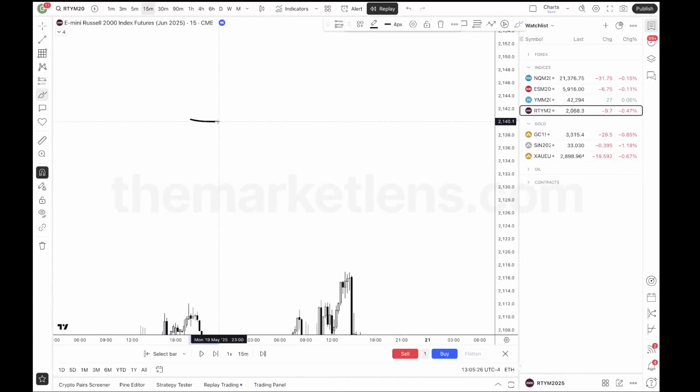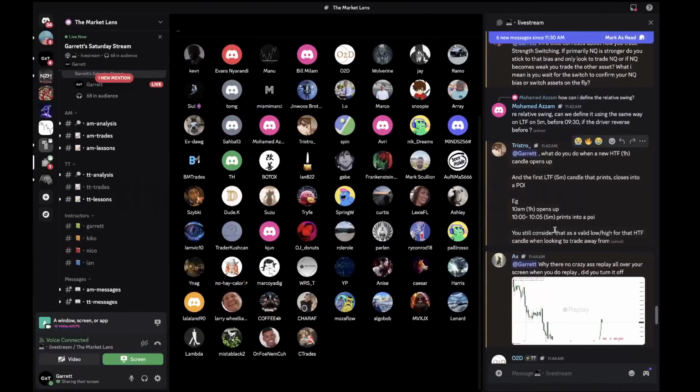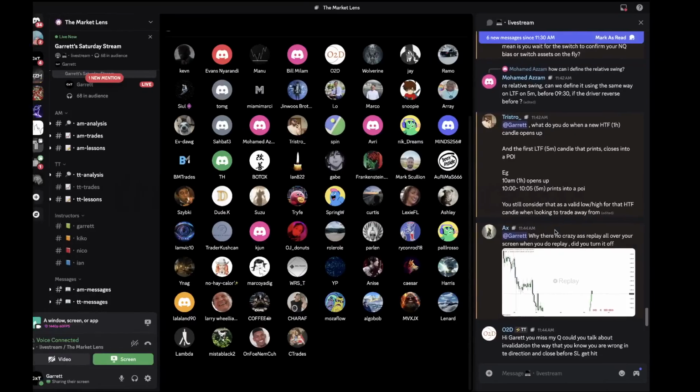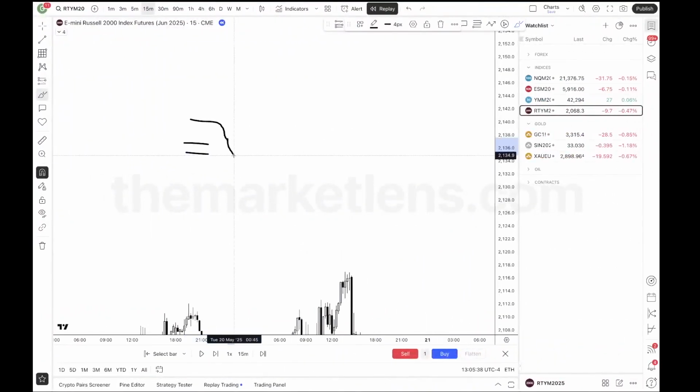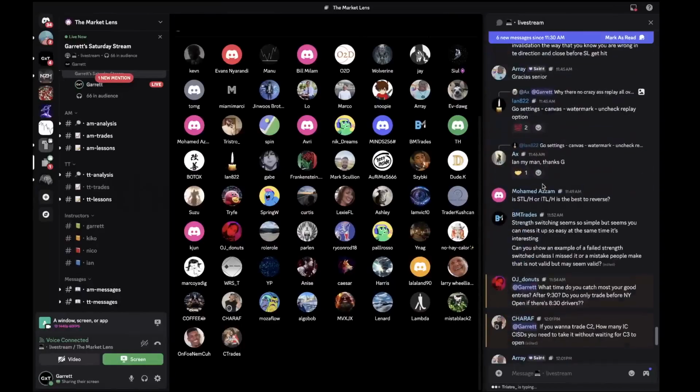Here's the open, the first 5 minutes trade into a POI? I'm confused. Valid high or low? Yeah, I would though. If it did this first 5 minutes and did that, I would still consider it, even if the low of the candle is formed very early on, like the first 5 minutes. I think that's what you're asking, maybe. Yeah, I would still consider that as valid. Is that what you're asking me?